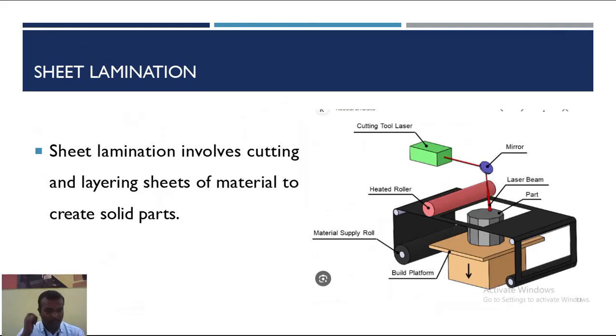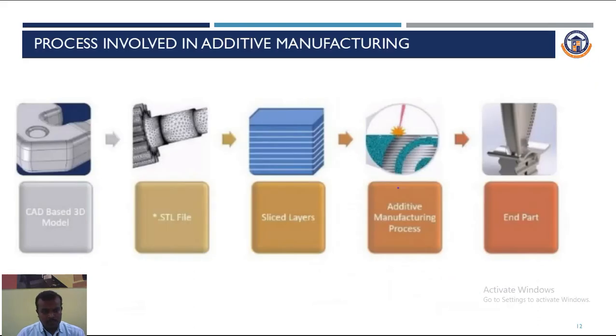The sheet metal is rolled over the bed, and with the help of laser light the sheet is cut based on our requirement and bound together. During this continuous process, we get the final output product. A heat roller is involved in the sheet laminated object manufacturing method. So these are the classifications of additive manufacturing.